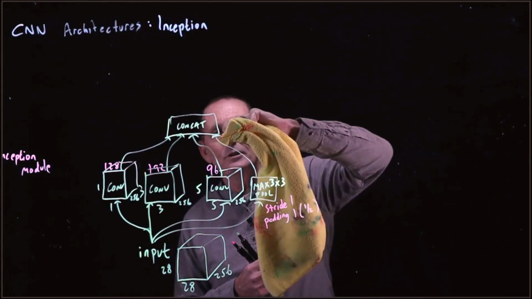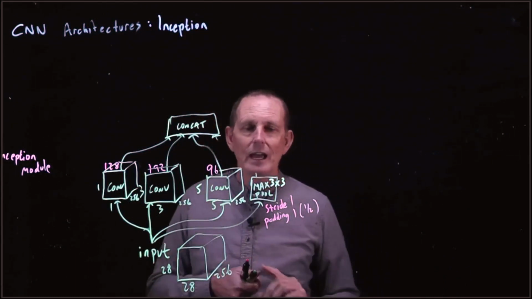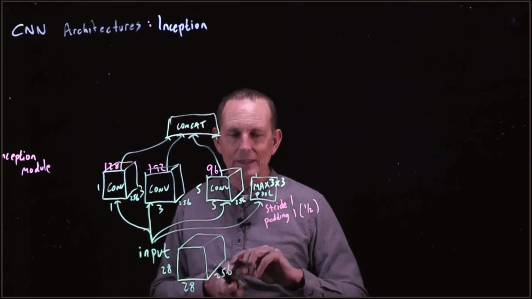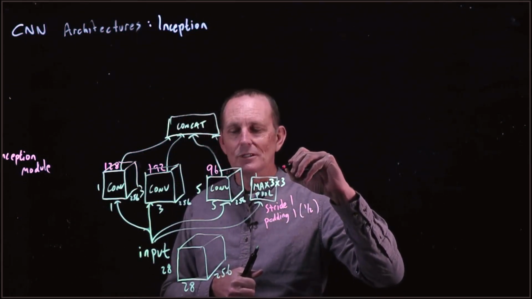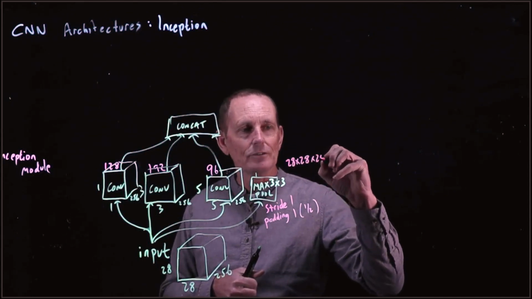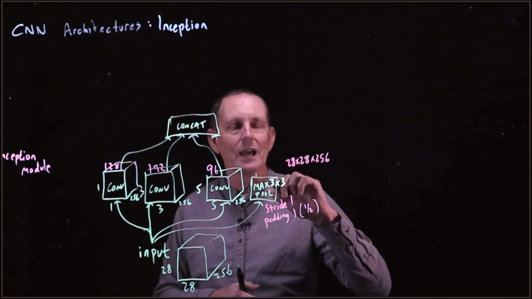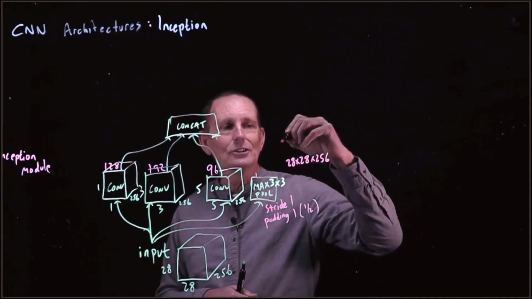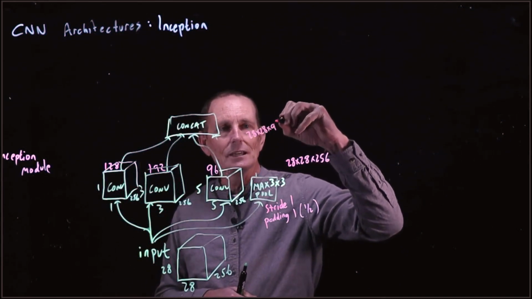The second thing we're going to do is add in a convolution after the max pool. If we look at the output size here, the output is going to be 28 by 28 by 256, because we haven't changed the height and width and we're leaving the depth alone. We want to get it to 28 by 28 by 96.